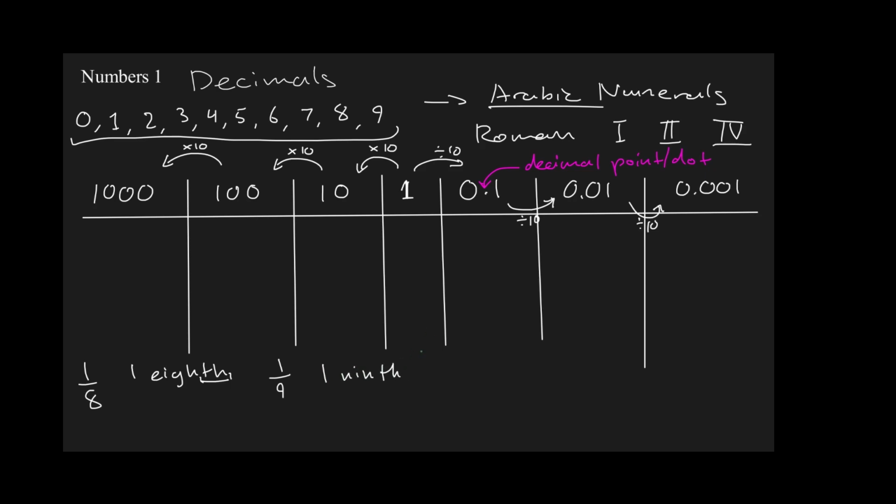So if we have 1/10, what do we say? This is 1/10. And coincidentally, this place value, this column right here, is called the tenths.